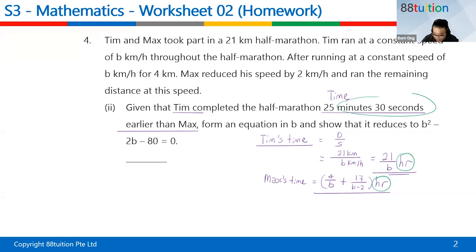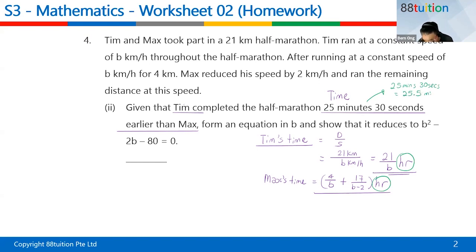And this one here is in minutes and seconds. Watch. Trap. Yes, you are right. It's a trap. So this 25 minutes, 30 seconds, you have to change it to hours. Can? All right. So 25 minutes, 30 seconds. How do you change it to hours? So there's this 30-second portion first. Can I say that 25 minutes, 30 seconds is equal to 25.5 minutes?